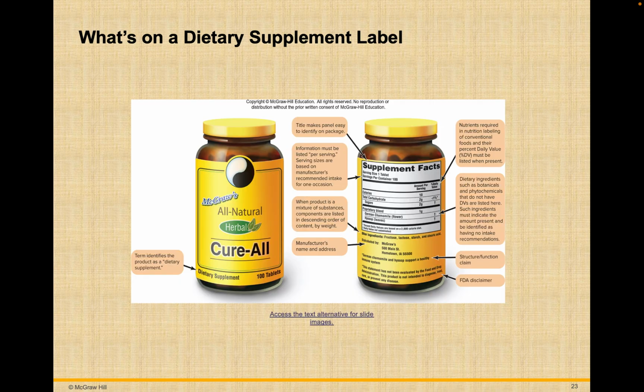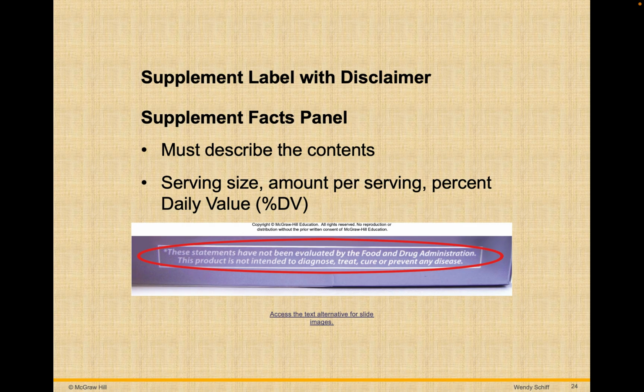So what's on a dietary supplement label? They're quite similar to food labels, listing the name of the product, the ingredients, percent daily values, etc. But they also include a disclaimer that the FDA has decided on in terms of the wording, etc. The statement reads as follows.